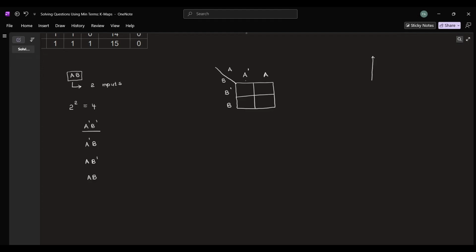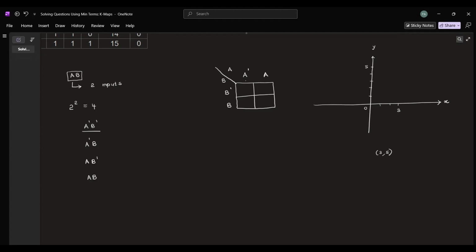If you have a Cartesian plane, or graph, we have the x-axis and the y-axis. If they ask you to mark 3, 5, you will go 3 units in the x direction, and then 5 units in the y direction.